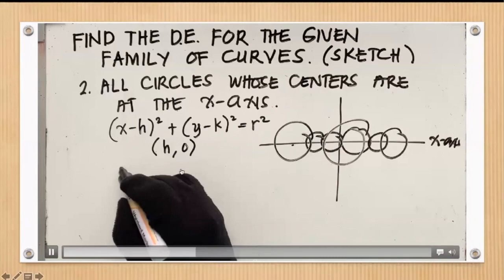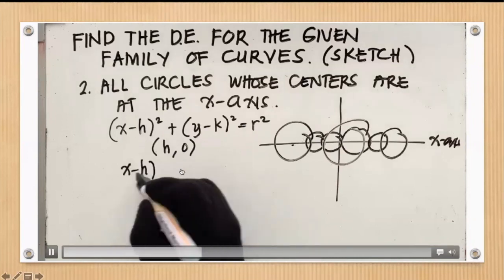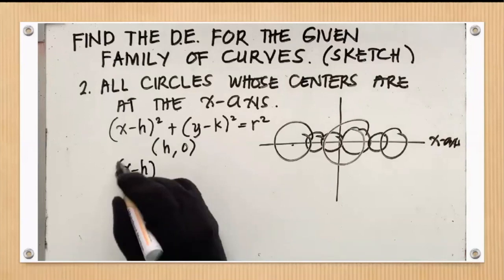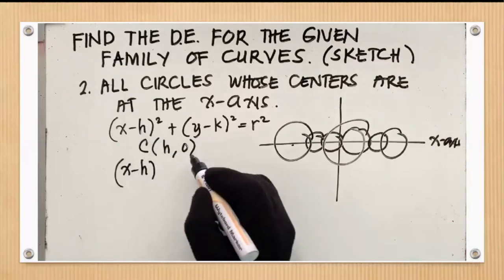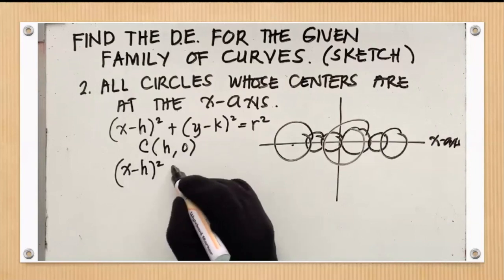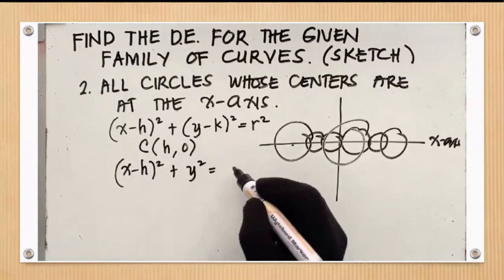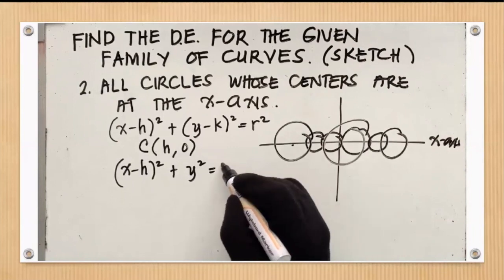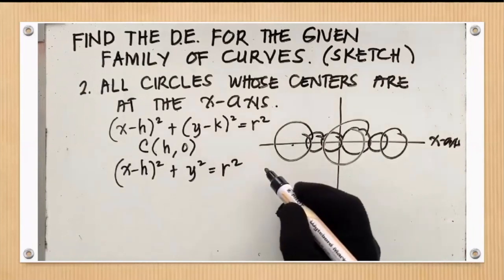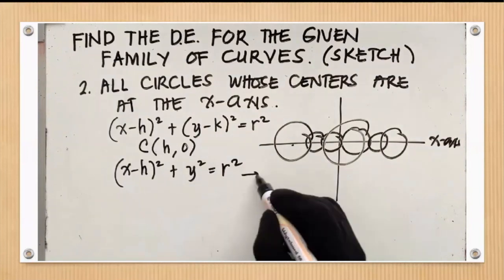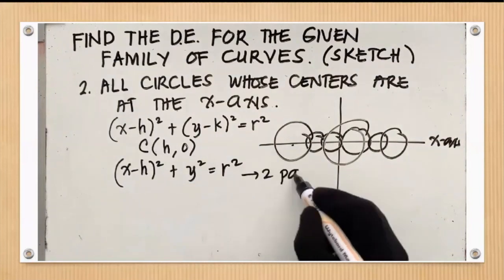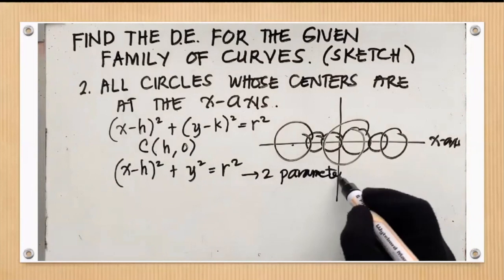Okay, so ibig sabihin, dahil dalawa yung parameters ko, my equation should be x minus h squared plus y squared equal to r squared. So I have two parameters which are h and the radius, okay?